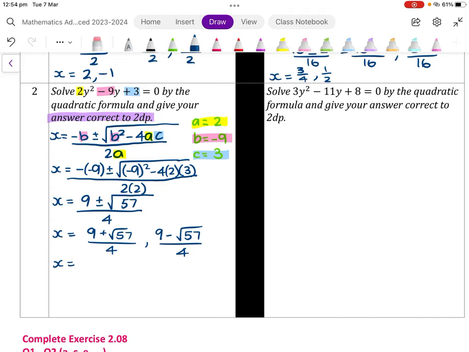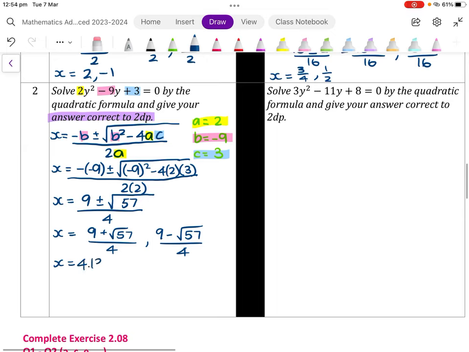When we put these into our calculator, 9 plus root 57 on 4 is equal to 4.137458609, and 9 minus root 57 on 4 is equal to 0.36254.